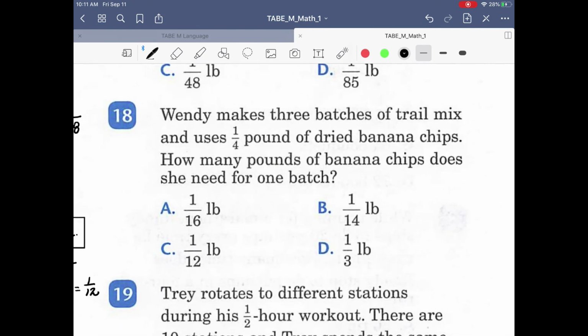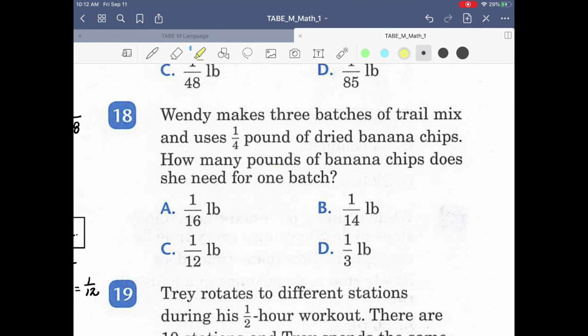Number 18. Wendy makes 3 batches of trail mix and uses 1/4 pound of dried banana chips. How many pounds of banana chips does she need for 1 batch? So there are no keywords, but we are breaking down.